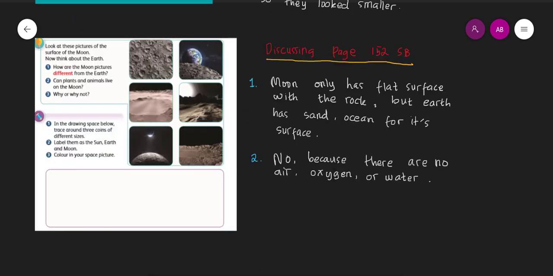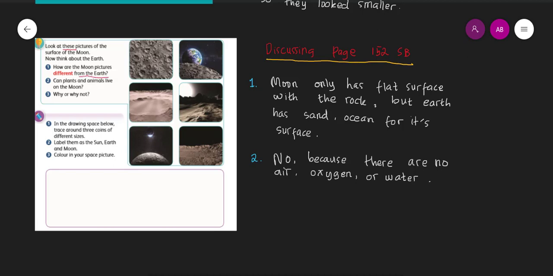Okay, kids, right now we will discuss page 152 of the student book. Look at these pictures of the surface of the moon. Now think about the Earth. How are the moon pictures different from the Earth, everyone?